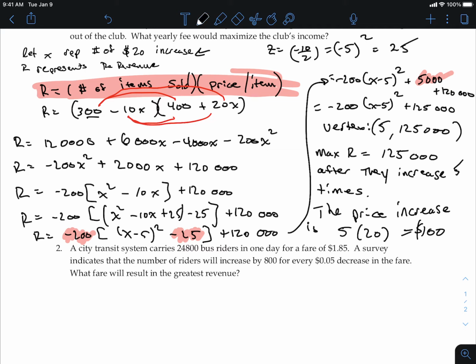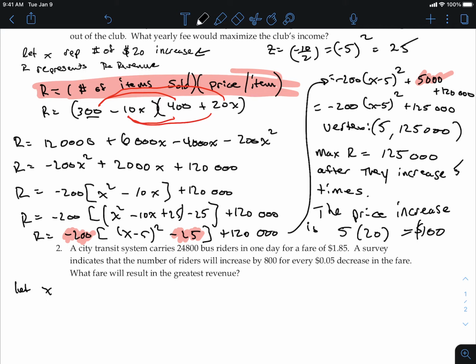A city transit system carries 24,800 bus riders in one day for a fare of $1.85. A survey indicates that the number of riders will increase by 800 for every 5-cent decrease in the fare. What fare will result in the greatest revenue? Okay, same thing as the last question.